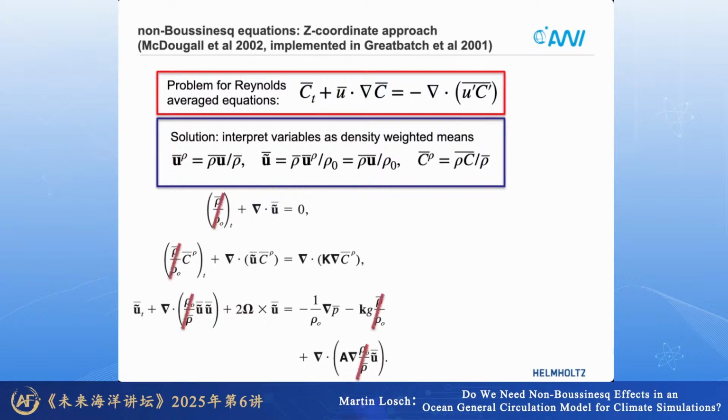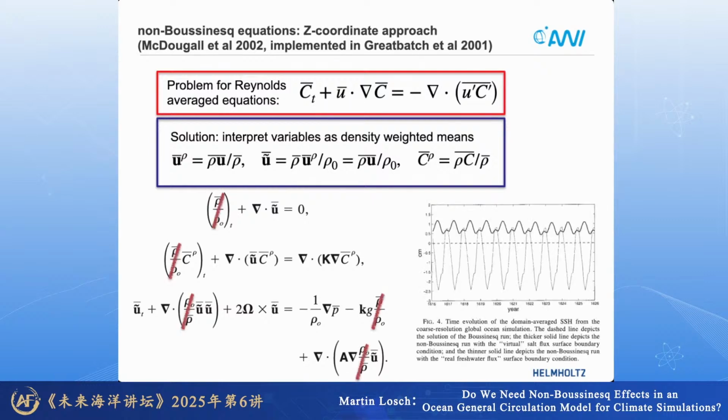There was something missing here. Anyway, and then he showed that this has an effect. So the dashed line here in this plot is the mean sea level, which is 0 in a Boussinesq model over a couple of years here. No, it's not 100 years, it's some 10 years.